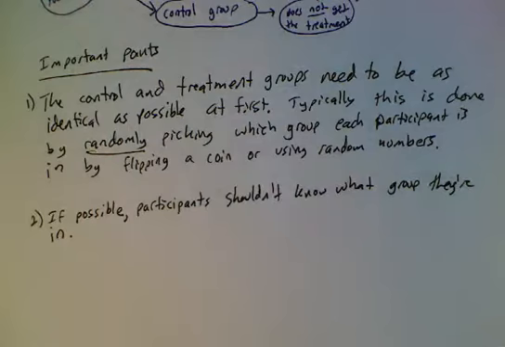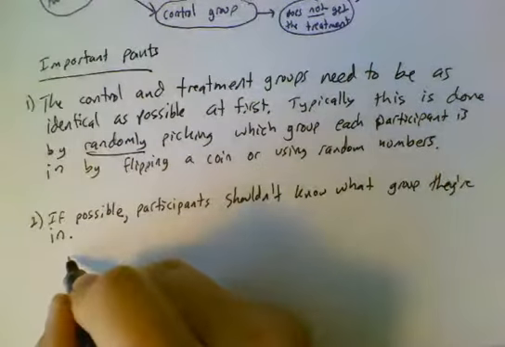So if a person's in a control group, they ought to think they're in the treatment group. Basically, everybody should be thinking they're in the treatment group. And the reason for this is something called the placebo effect.